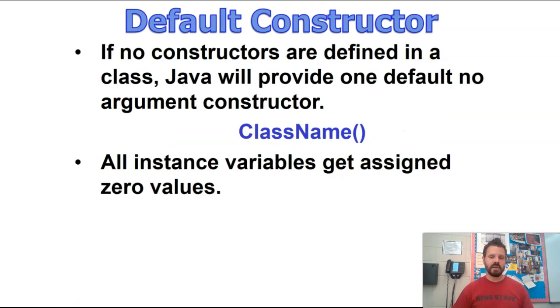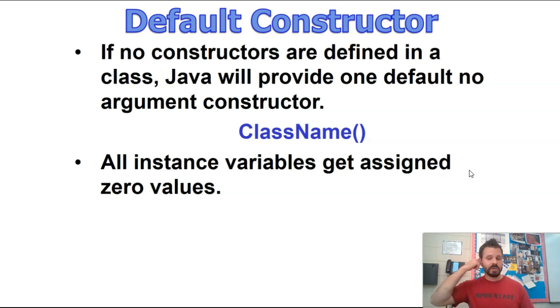All right, speaking of no argument constructors, we can also talk about a default constructor. Okay, if no constructors are defined in a class, Java will provide one default no argument constructor. Okay, so you get a constructor for free if there's no other ones. And the way you'll call it is just class name with parentheses, no parameters, just like we'd call a no argument constructor if we defined it in the class.